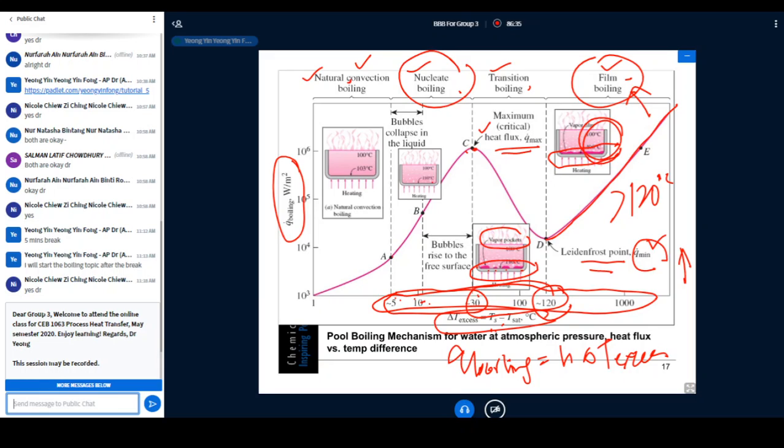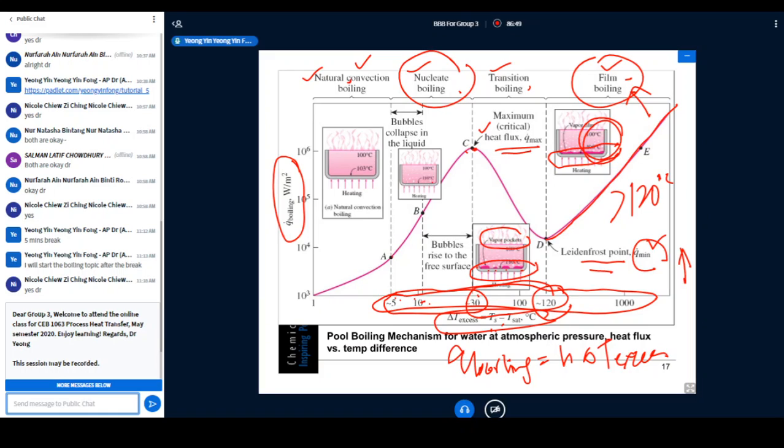So it started with the natural convection boiling here. Just now I gave an overall explanation of this boiling curve. The slide itself discusses in more detail what happens in each region. Started with the first region, natural convection from the start to point A on the boiling curve.